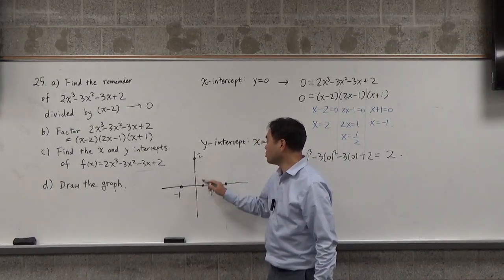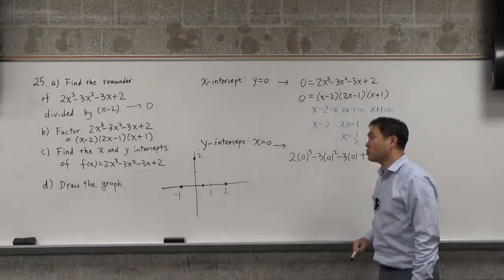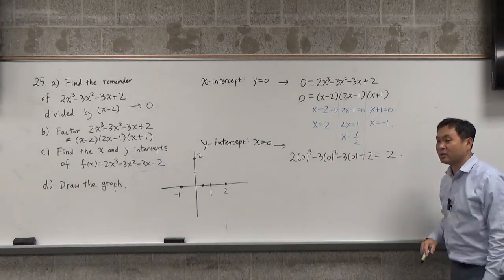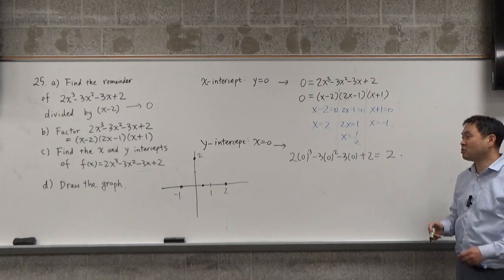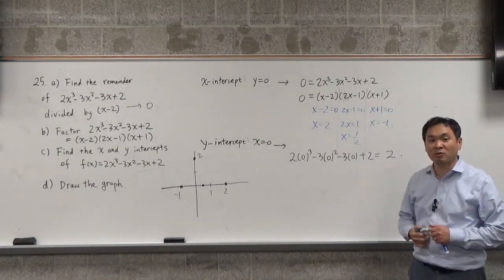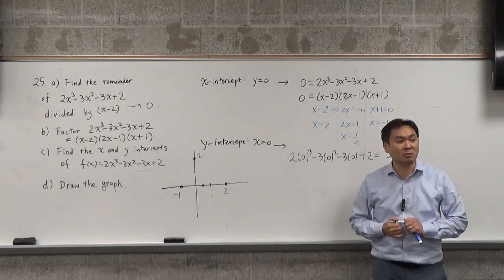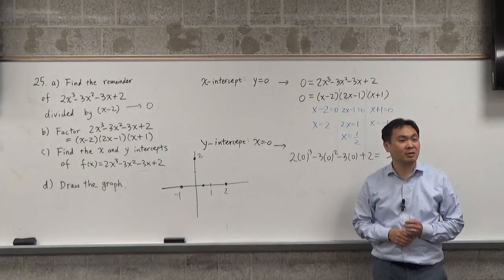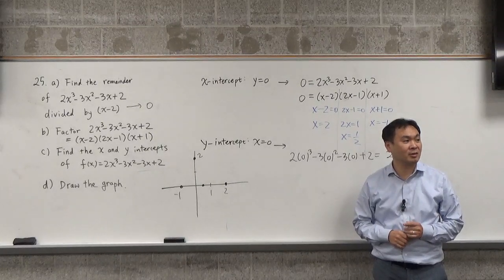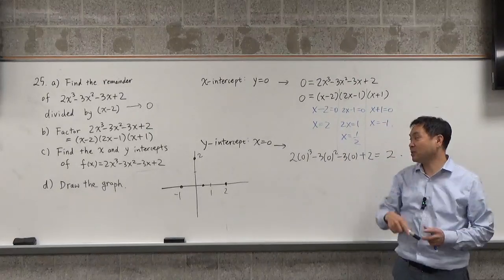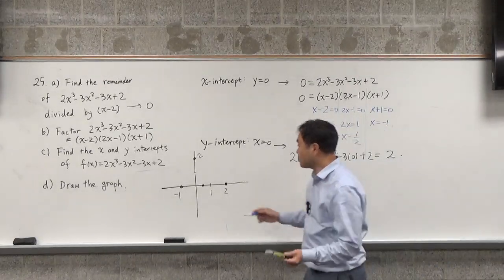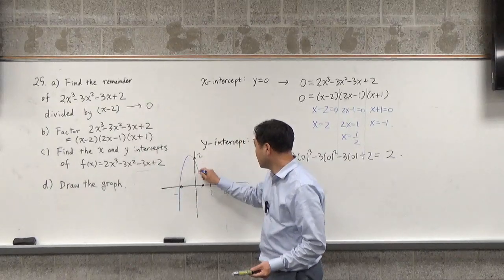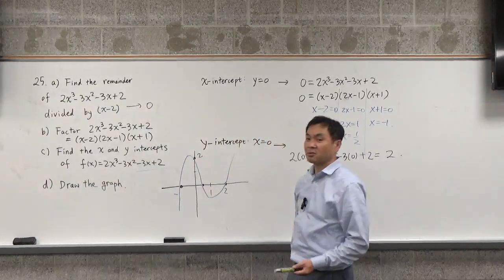So we have 4 points that the graph must pass through, right? And in addition, I know the general shape of a cubic curve. What's the general shape of a cubic curve? Yeah, it's like that, right? So you just have to do that, and that's the answer.